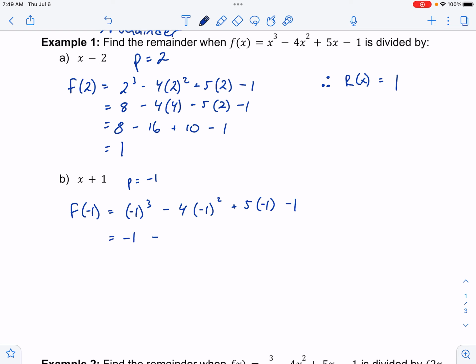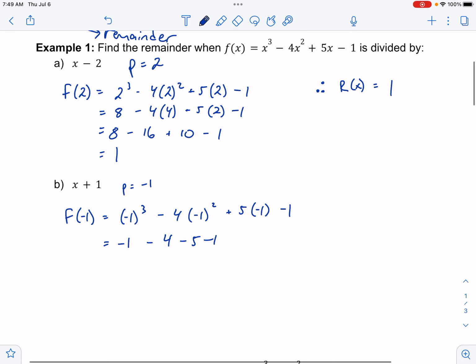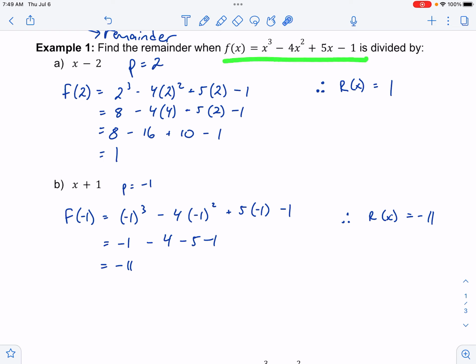Negative 1 squared is just 1 times 4, so that'll remain the same. 5 times negative 1 will become negative 5, and then I have a subtract 1. Negative 1 minus 4 minus 5 minus 1 is negative 11, so my remainder here is negative 11. That would be left over when I divided my function by this divisor.